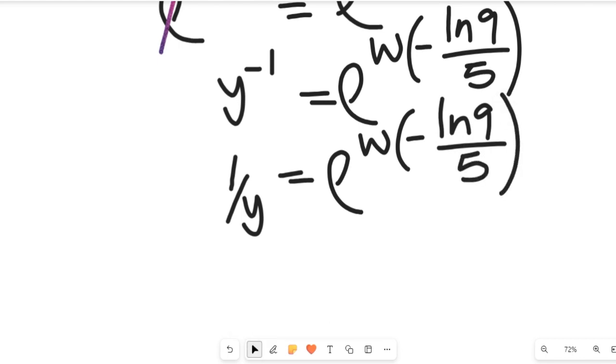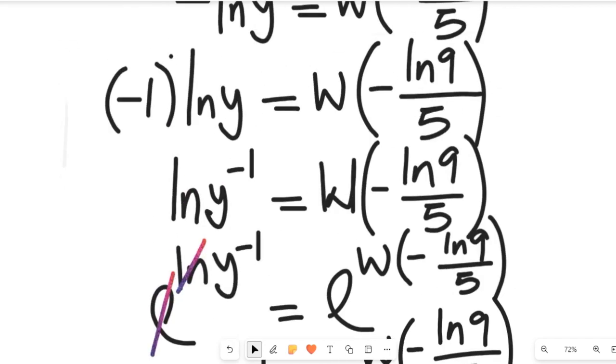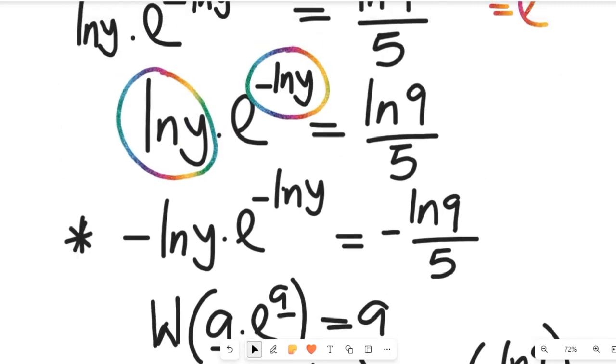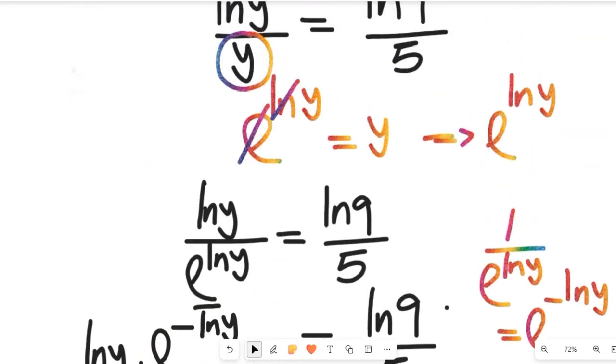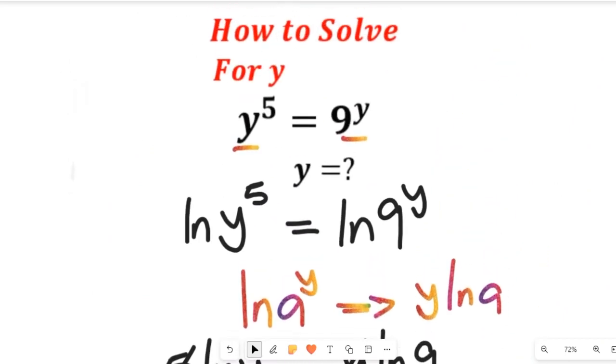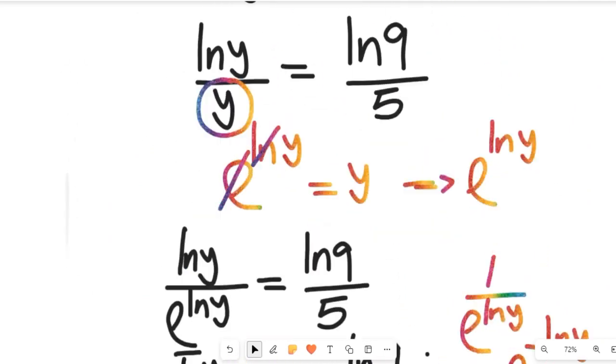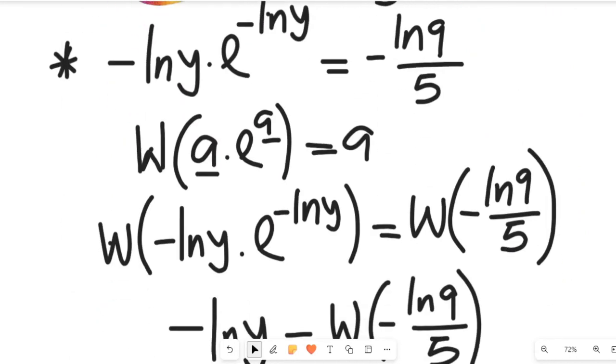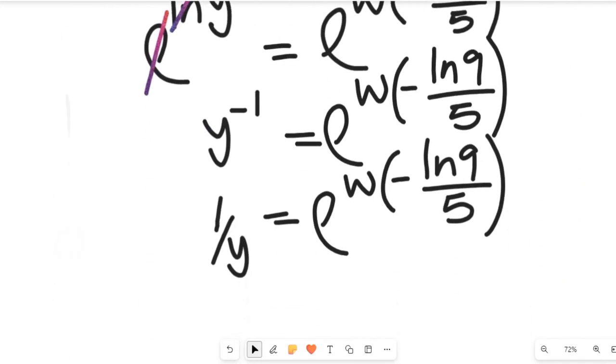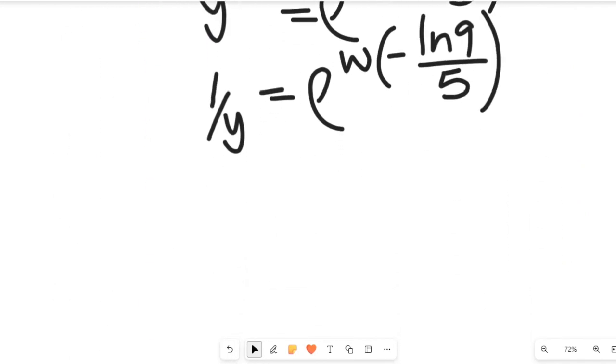Now to find the value of y, that's what we are asked to look for. We aren't asked to look for the value of the reciprocal of y, we are asked to find the value of y. So to find the value of y, we are simply going to do one thing, and that is to take the reciprocal of both sides.